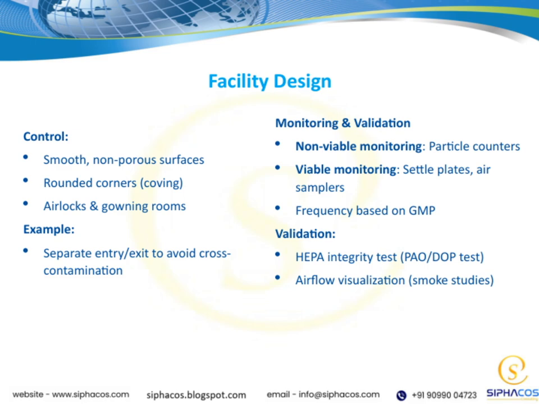As an example, having a separate entry and exit point for personnel or materials can significantly reduce the risk of cross-contamination. Everything in facility design and validation ultimately aims to protect product integrity and patient safety, aligning with the overall goal of maintaining a controlled, compliant environment.